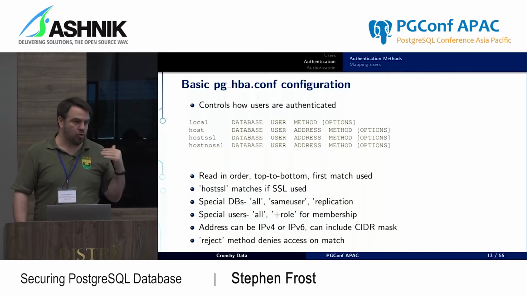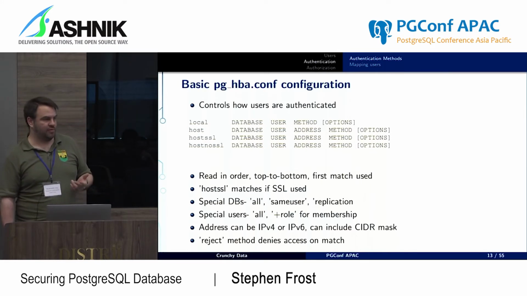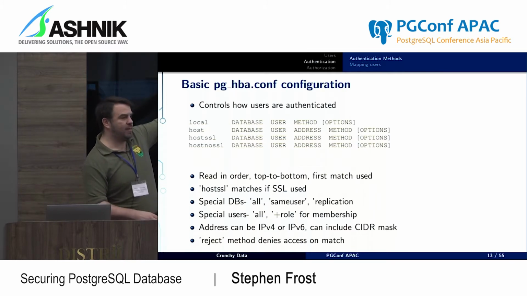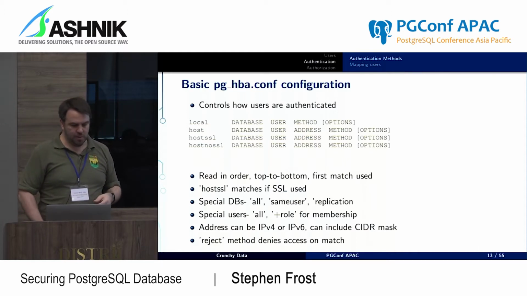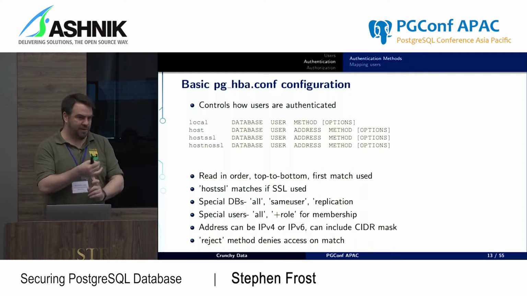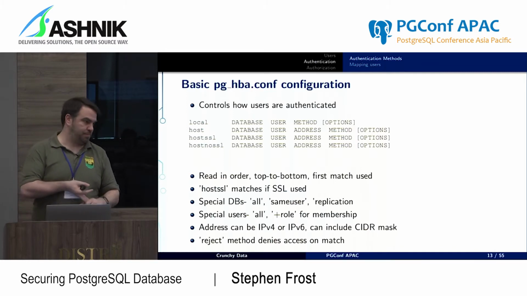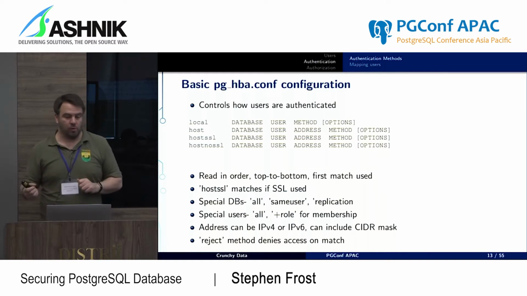So local means it's a local Unix socket connection. Host, hostssl, or hostnossl are all for TCP-based connections, and SSL versus no SSL is whether it's encrypted or not. The host line would match either an encrypted or an unencrypted connection. Once you've got a match on that, you can then say, okay, I want to match on a particular database or on a particular user, and then even specific IP addresses, which can be either v4 or v6.